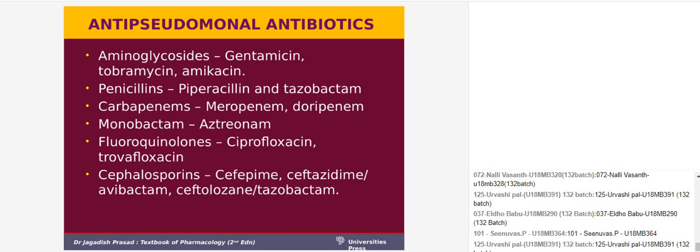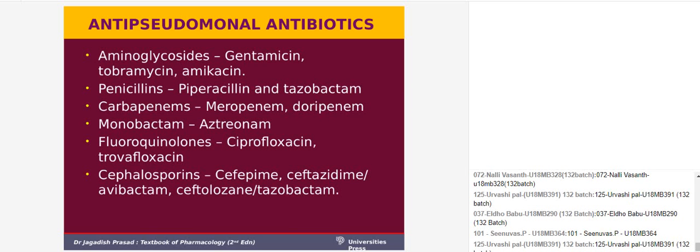So cephalosporins are beta-lactam antibiotics, similar to penicillin. We have five generations of cephalosporins. It is obtained from Cephalosporium acremonium. Later, semisynthetic cephalosporins were developed.